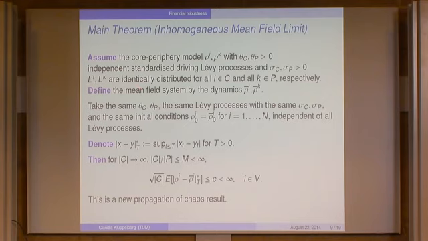And then we have defined this mean field system. Then you take the same friction parameters, the same Levy processes, the same sigmas in both systems. You start with the same initial conditions, independent of all Levy processes. And then you define a uniform distance on a compact interval between two processes. And then this is now the result.